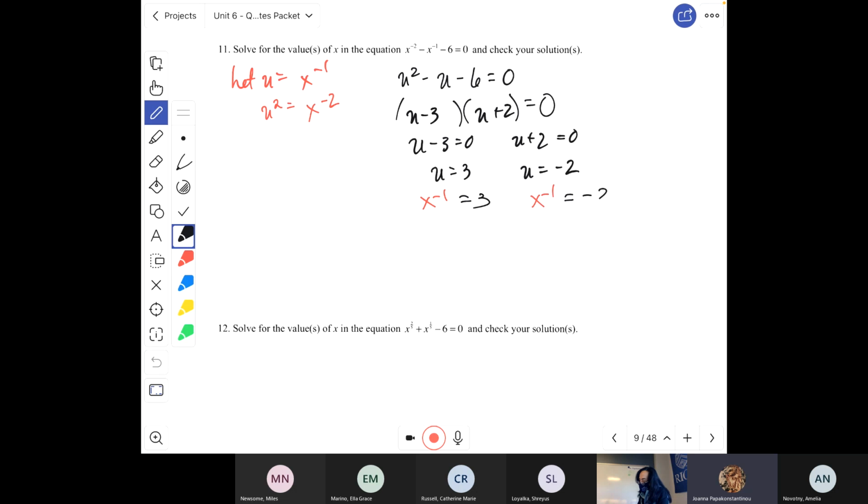And we know how to address negative exponents, don't we? How could I rewrite x to the negative 1 without, just for kicks, a negative exponent? 1 over x, right? Remember how we do that?